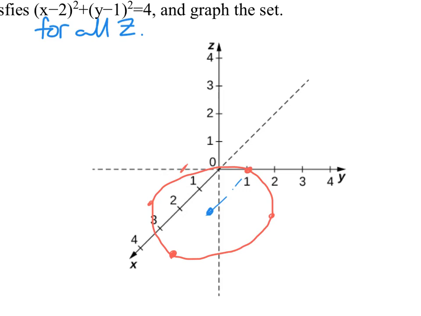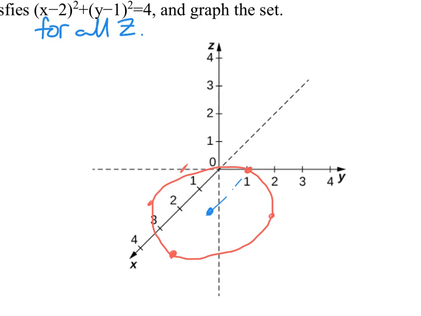So now what I want to do is just give it infinite height. I'm going to tack on all possible points in the z direction for each one of these points associated with my radius. So how do I do that? Well, I'm not going to create another circle up here, up here, up here.